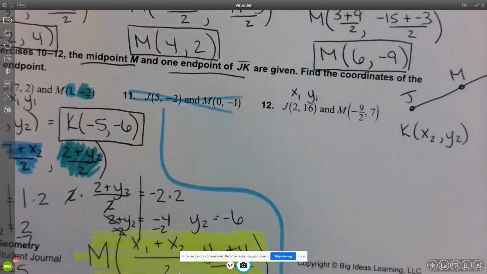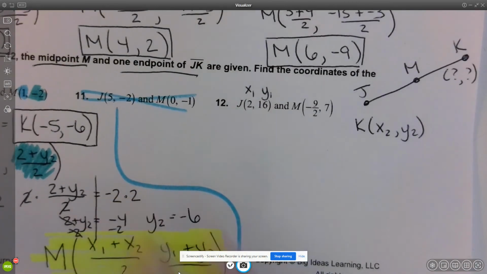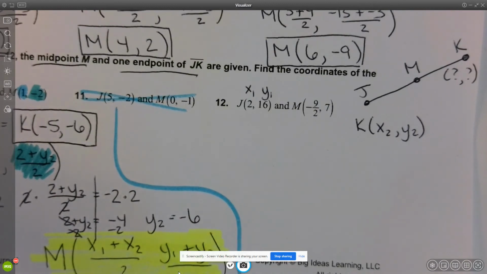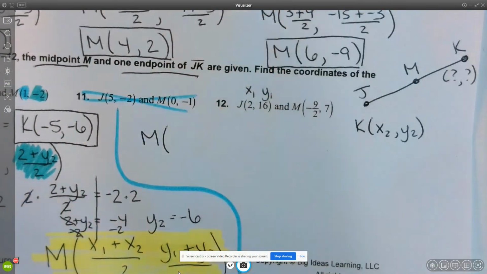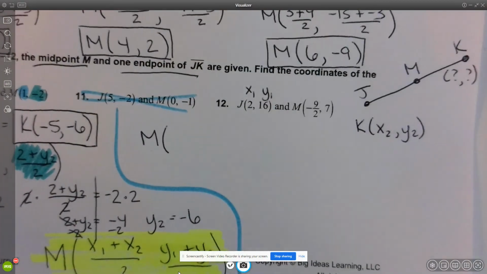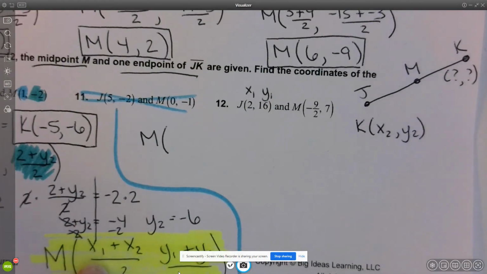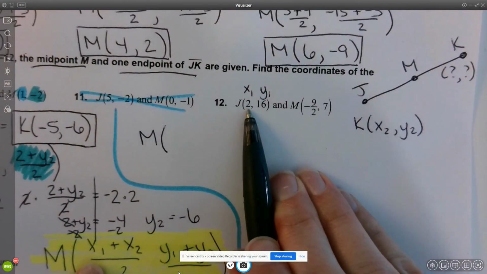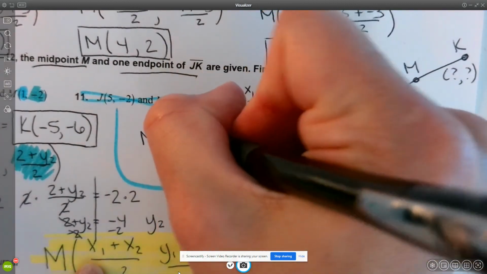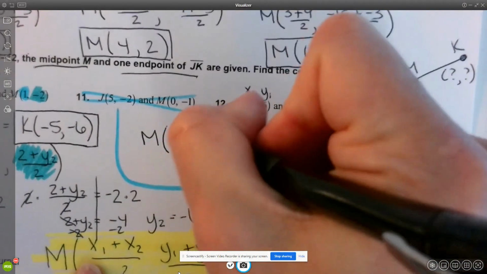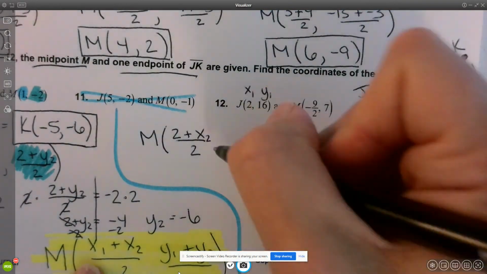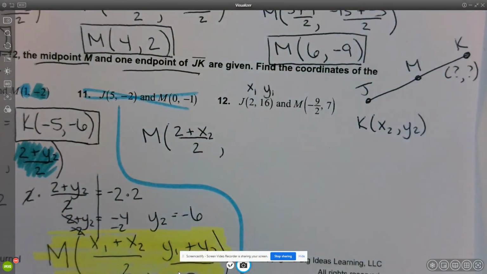That's just what I'm trying to find. So I know my midpoint. Using my midpoint formula, when I add x1 plus x2, which is 2 plus x2, divided by 2, that's the x-coordinate of my midpoint.